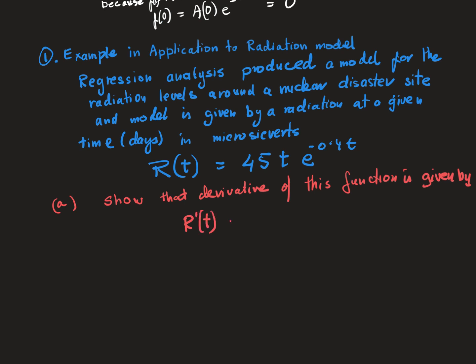And usually this is what you will be asked to do. They'll give you the derivative and say, well, please show me how you did that, which is pretty cool because one way or another, you're going to get to it, right? e to the minus 0.4t.